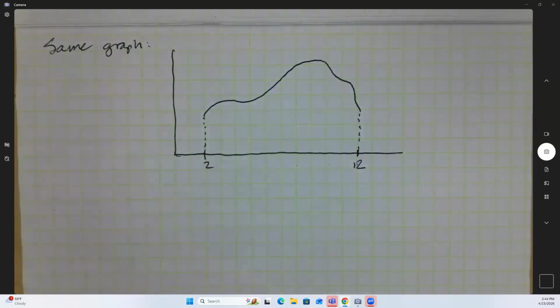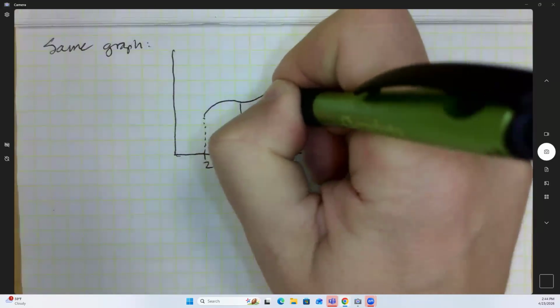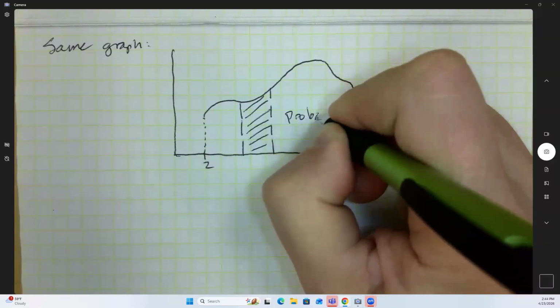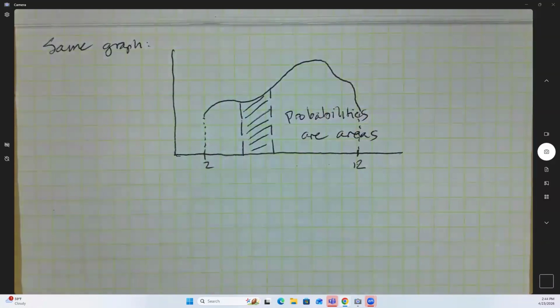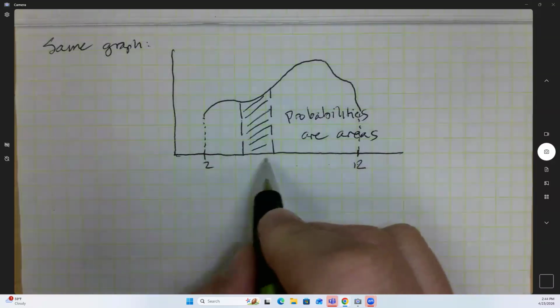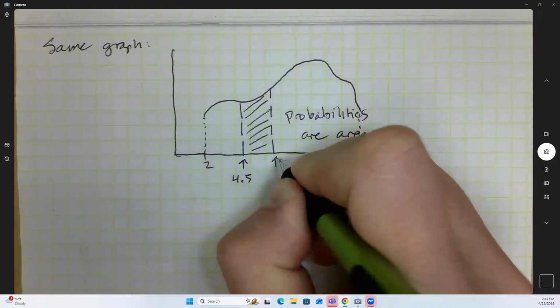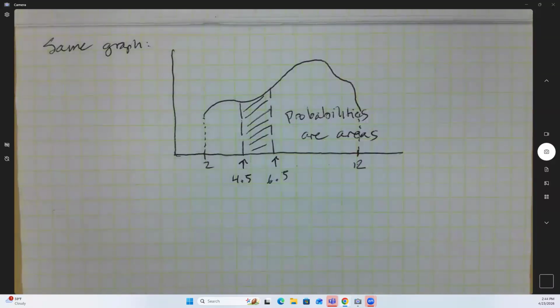In a discrete probability distribution, we listed the probabilities in our frequency table. In a continuous probability distribution, probabilities are areas. You read off the probability by looking at an area. So I should have gone ahead and gotten better units. This is 4.5, and this is 6.5.